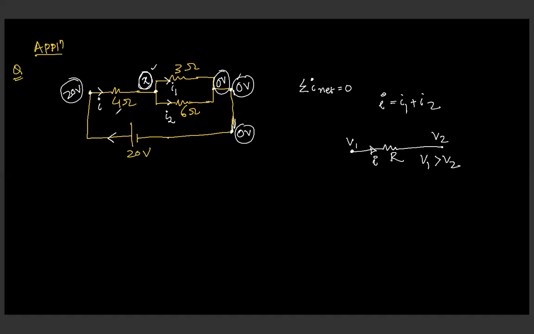So the method is to always take this particular point, the unknown one, as the high potential. X is at higher potential.